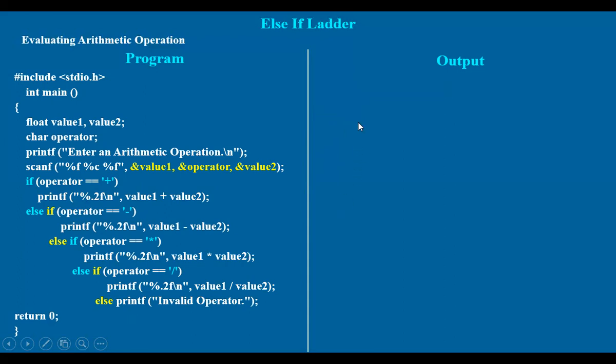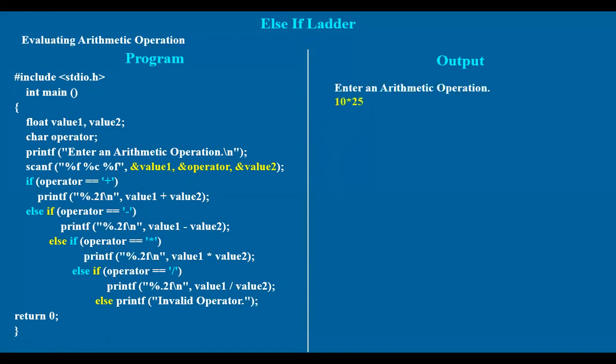Suppose we execute again and we have given 100 minus 25. So here the minus operator is given and this gives 75. So it has checked this and it is not plus, so it won't execute this, comes out, and now compares here, and because it is minus, this is executed, and after execution it comes out, and that is the result.